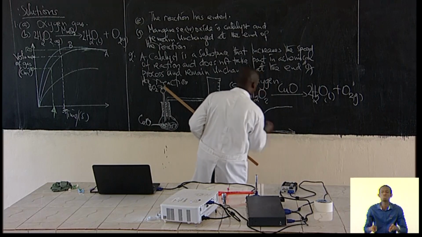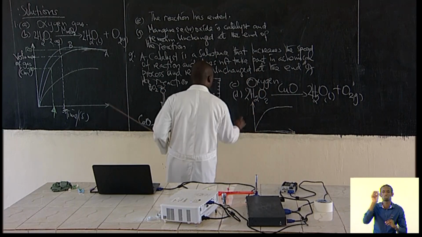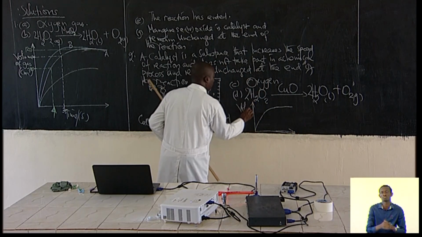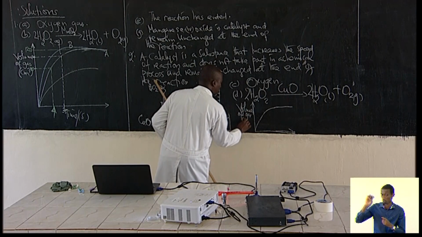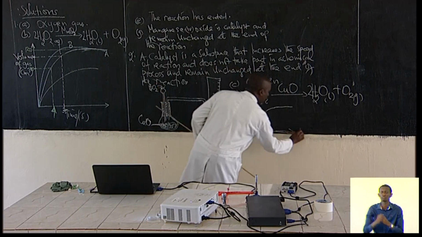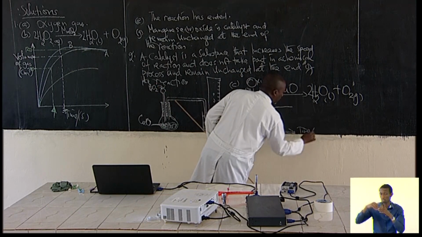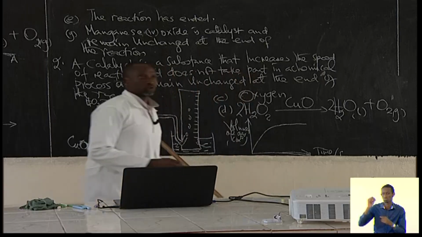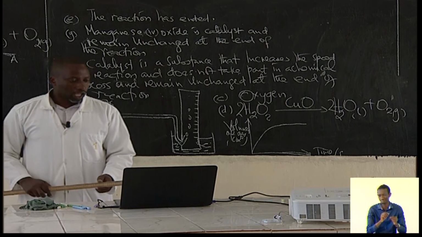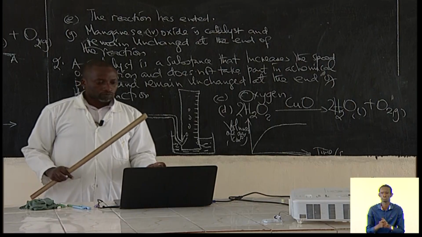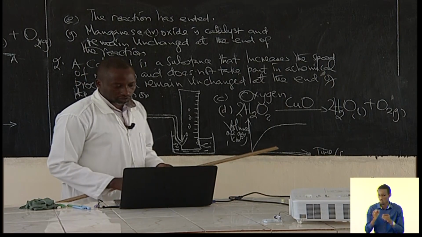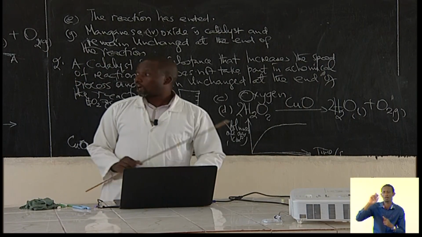You have the volume of gas in cubic centimeters, and you have time here, in seconds. Next, describe how the rate of the reaction can be increased.